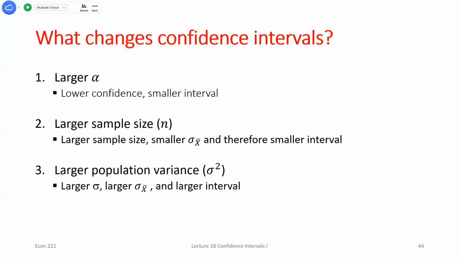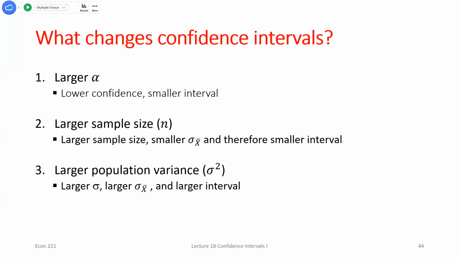So notice, when I want to say things with a higher level of confidence, what's happening to my alpha value? So 90 to 95 to 99, alpha is becoming, so from 90 to 95, alpha goes from 0.1 to 0.05. So it's getting smaller, right? If I want to say things with a higher level of confidence, alpha is getting smaller, so inherently alpha over 2 will be getting smaller.